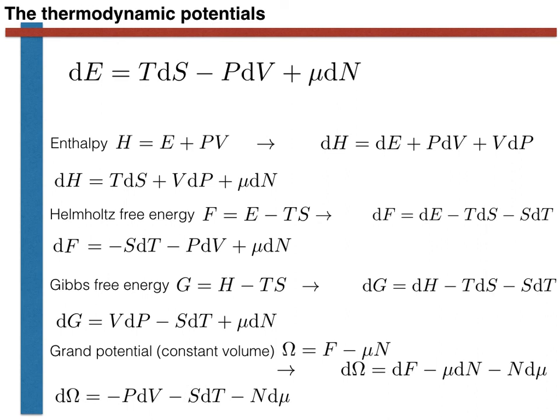Notice that at the top of this slide I have written out a fuller version of the combined form of the first and second laws than those used in previous videos. I have now introduced a term that describes the work done when atoms are moved into or out of the system, the mu-dN term. This term is necessary here in order to deal with the grand potential shown at the bottom of this slide.